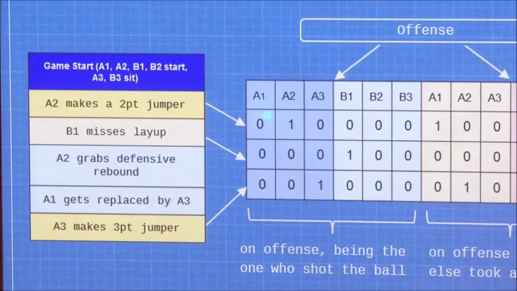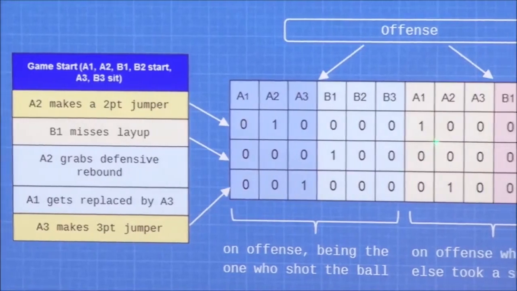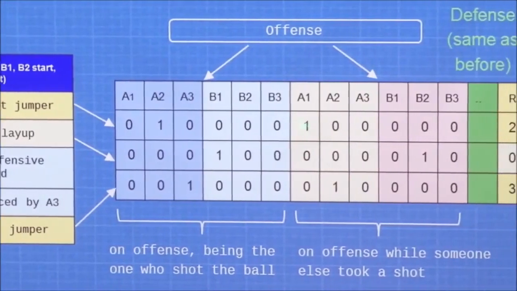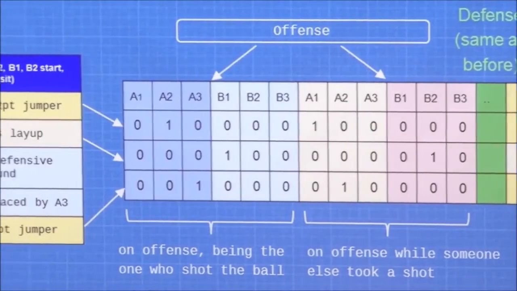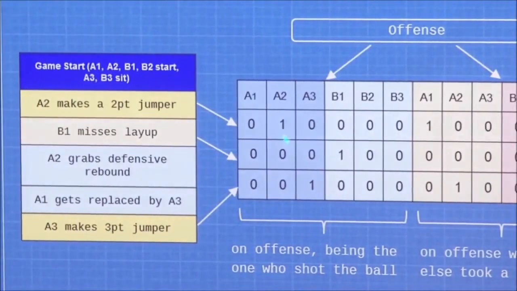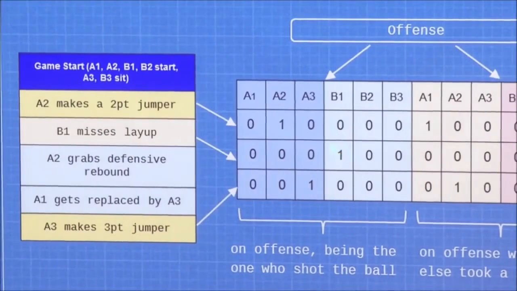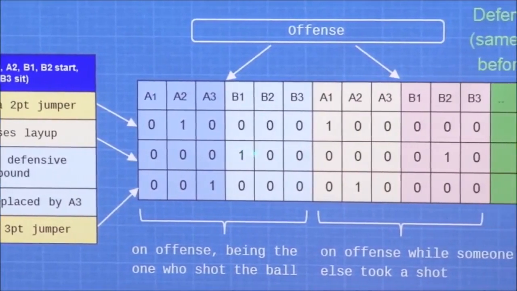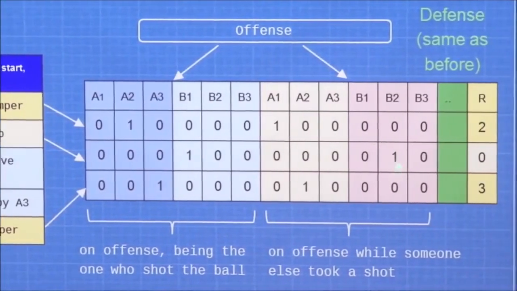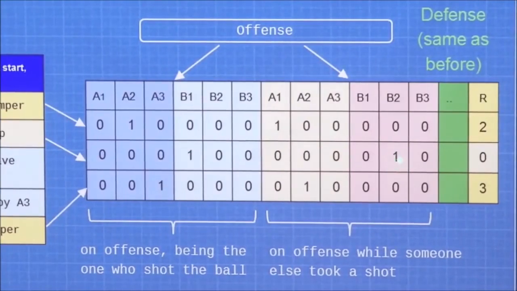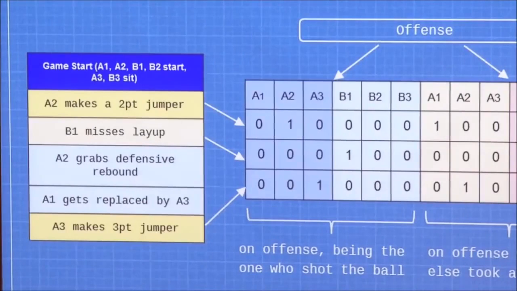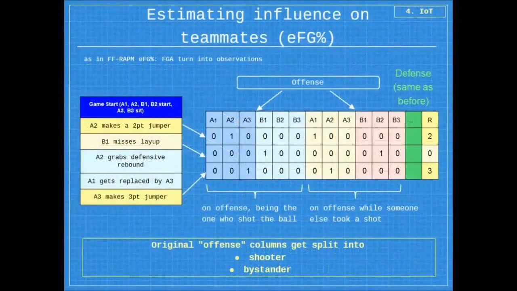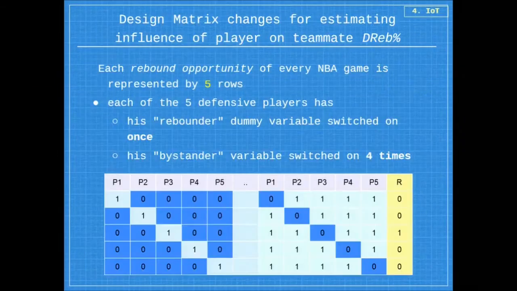A1 was on the court, but he was not taking the shot, he was just on the court while someone else took the shot, so his dummy variable over here gets activated. Going on, B1 misses a layup, so B1's dummy variable for shooting gets activated, and B2's dummy variable for being on the court while somebody else shot the ball gets activated. So the original offense columns just get split up into being a shooter or just being a bystander while somebody else shoots.